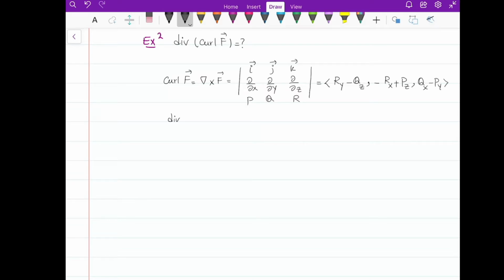Now let's find the divergence of the curl of f. For the divergence, all I need to do is take the partial derivative with respect to x of the first coordinate, r_y minus q_z, plus the partial derivative with respect to y of p_z minus r_x, plus the partial derivative with respect to z of the third coordinate.